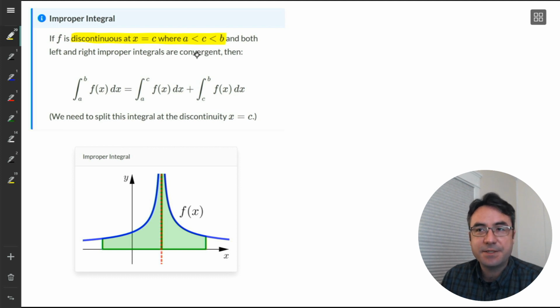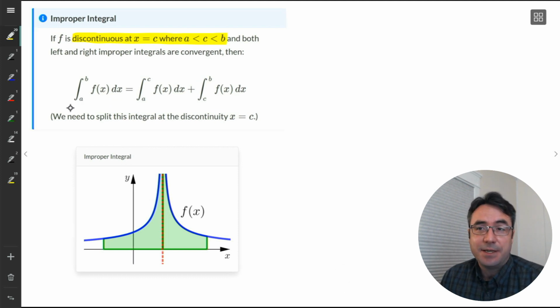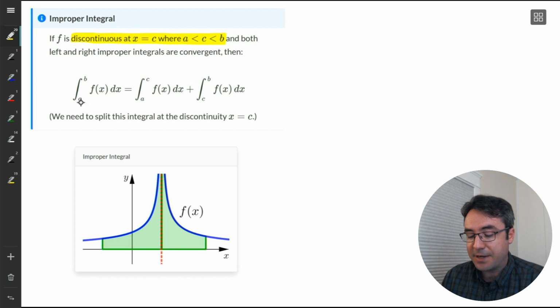And if we're trying to integrate our function f of x from a to b, this is not a regular definite integral. Even though it looks like it, it's an improper integral because we have that discontinuity somewhere in the middle. So what do we do? Well, we split it up into two separate integrals.